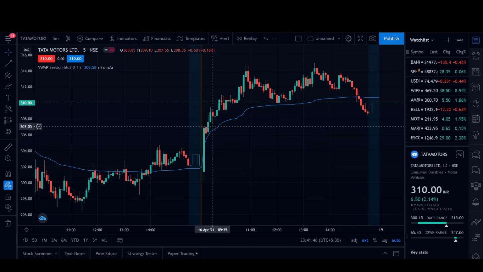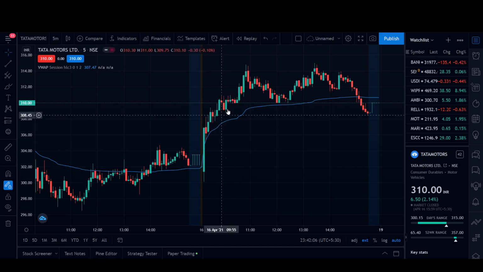As we can see, it broke the VWAP on the first 5 minute candle, the first candle itself. And as I said, we're going to wait for 2-3 candles to be formed, and then understand where the market is heading.